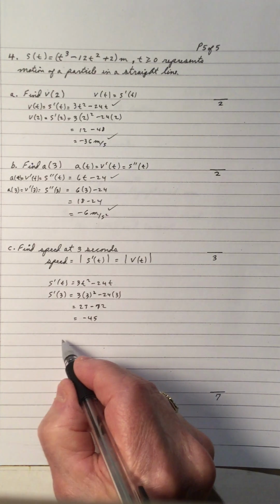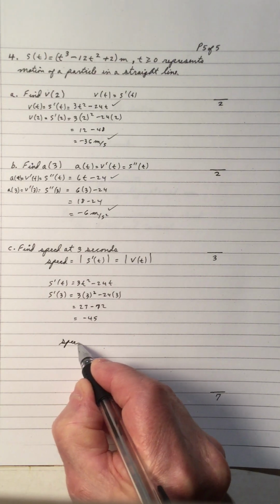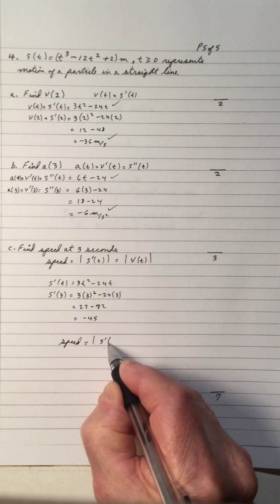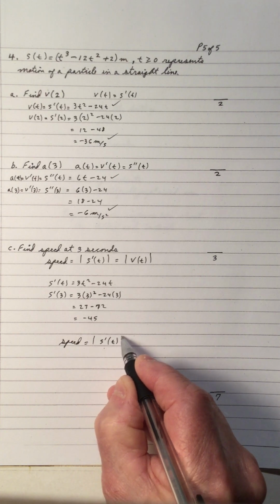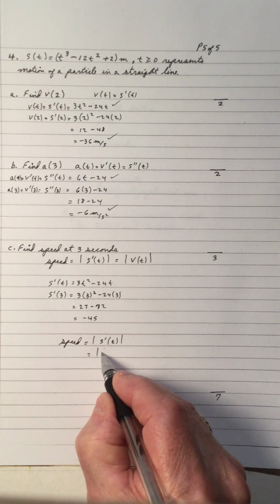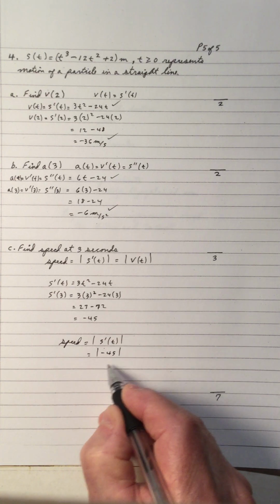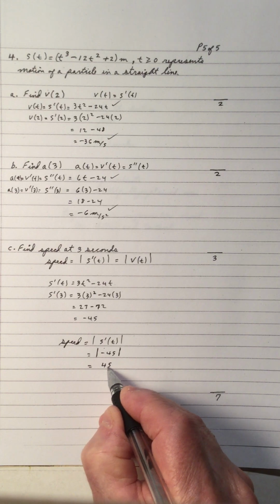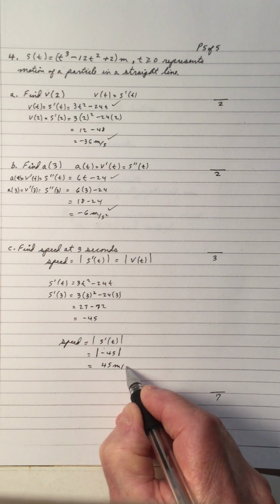Now, the speed is the absolute value of S prime, or the velocity, so that's a negative 45. So the absolute value of a negative 45 is 45. So the speed is 45 meters per second.